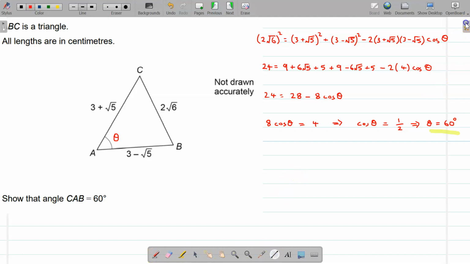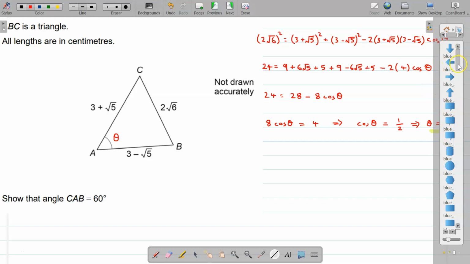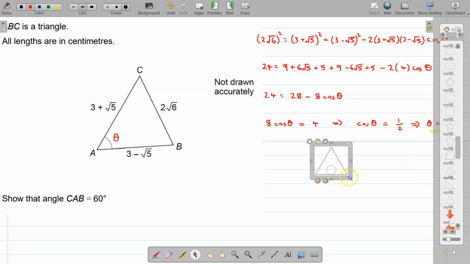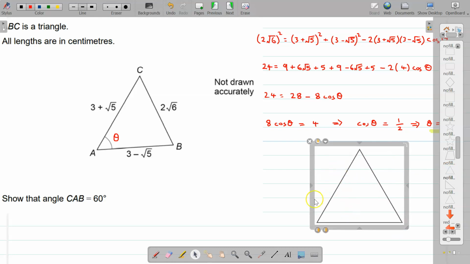So if you have a triangle that's equilateral, and you split it down the middle, okay, let me show you this. So this is how I know that the cos of 60 degrees is a half.